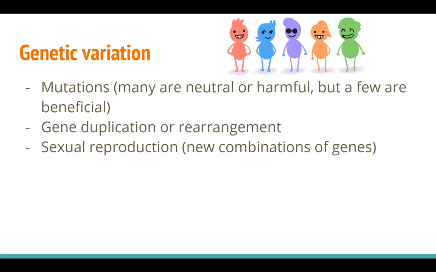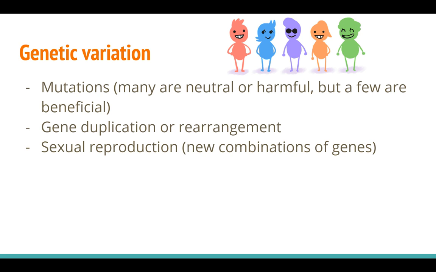And the process of sexual reproduction itself is kind of a mixing up of all of the genes within a population, both because the process of meiosis makes every egg cell and every sperm cell a little bit different to begin with. And then which egg cells and which sperm cells combine is also random. There's an element of randomness in there. And which individuals mate with which other individuals may not be totally random, but it also mixes up the genes within a population.